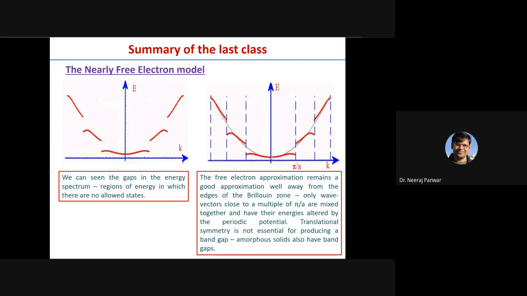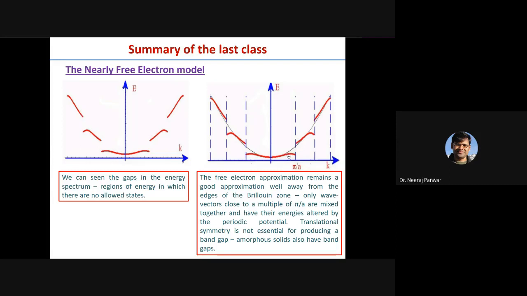So we can see that whenever we are deep inside the Brillouin zone, the two curves are matching with each other. The free electron model or the empty lattice model and the nearly free electron model match with each other deep inside the Brillouin zone. But when we approach the zone boundary, there is a significant deviation.